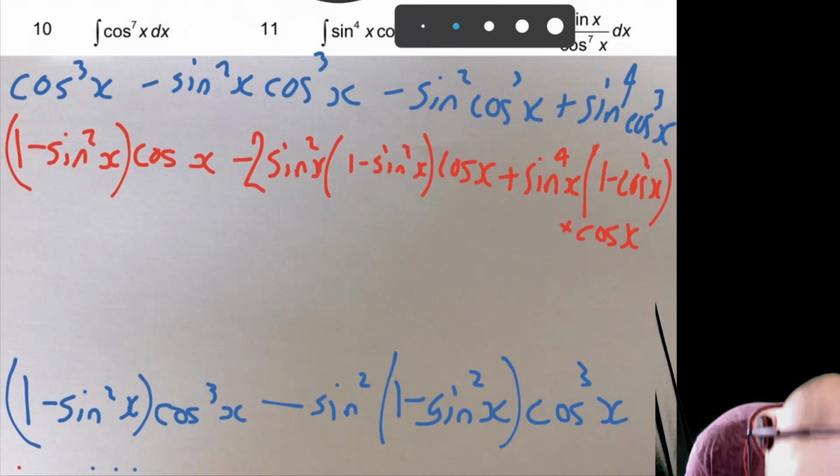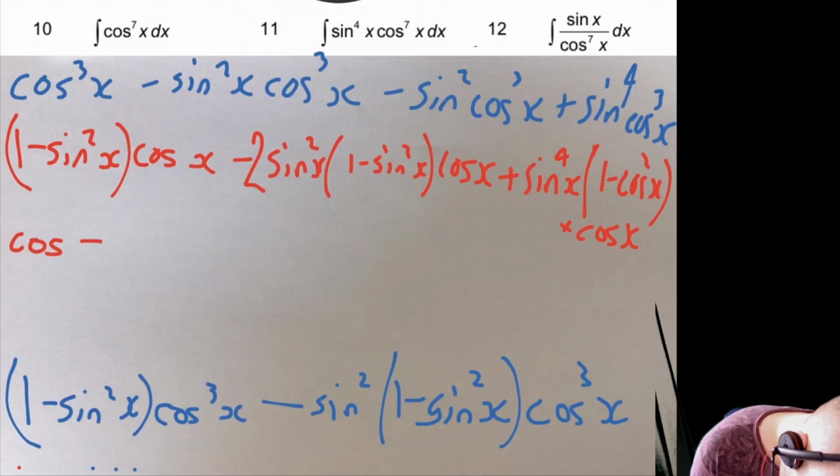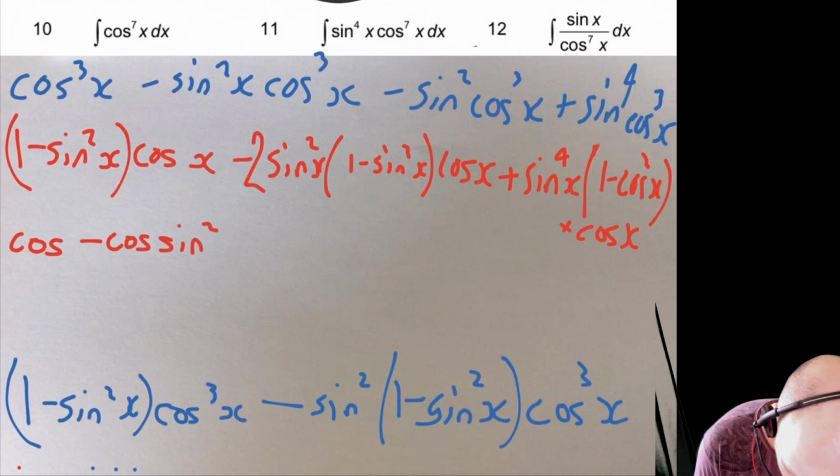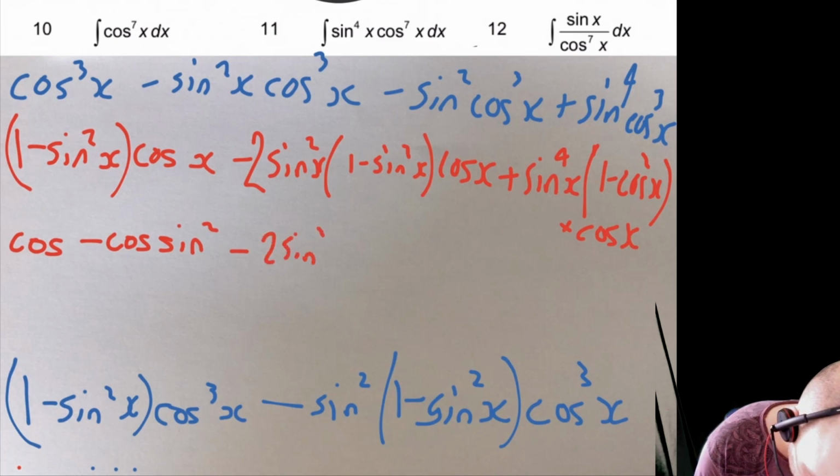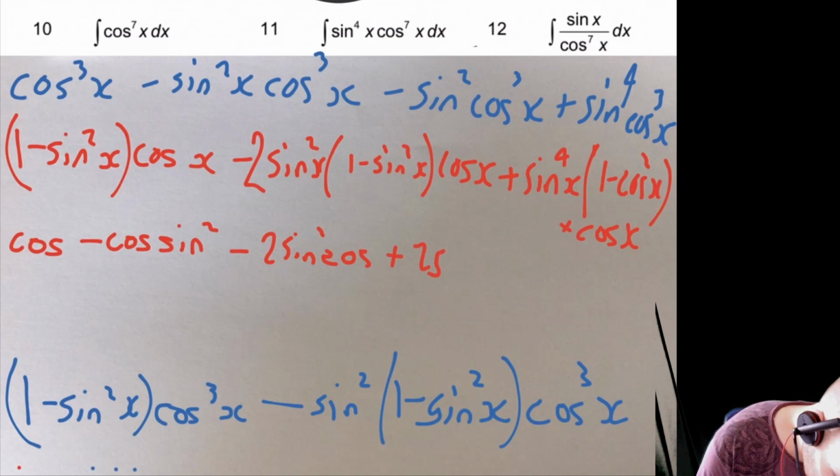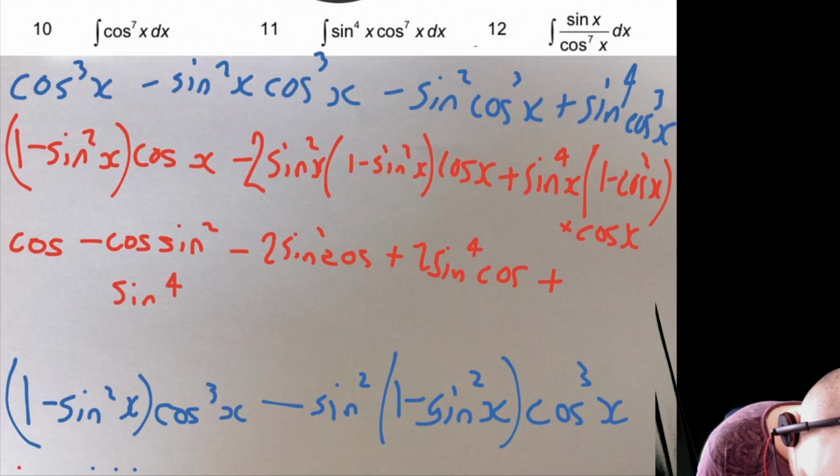So we're going to have cos minus cos sine squared minus 2 sine squared cos plus 2 sine to the 4 cos plus sine to the 4 cos minus, sorry, that should be a sine in that bracket.